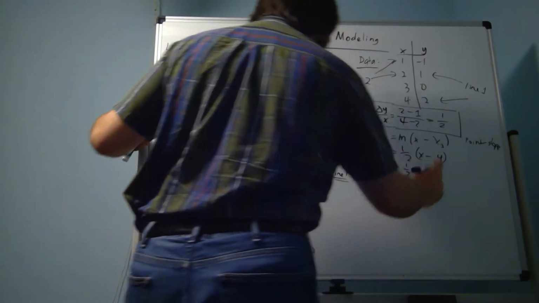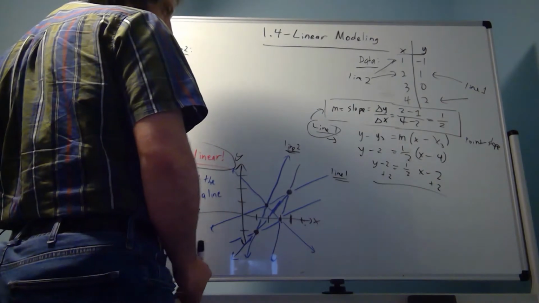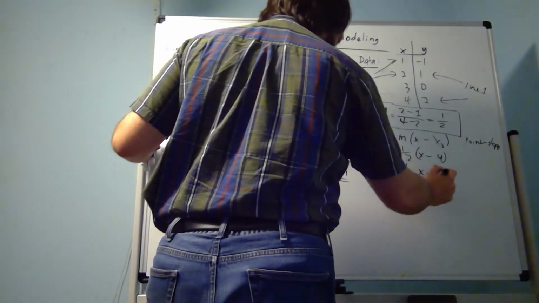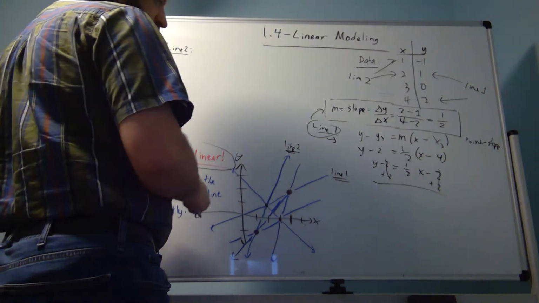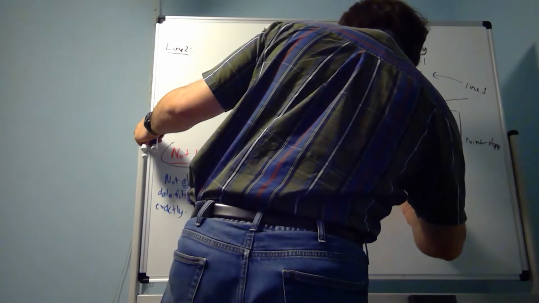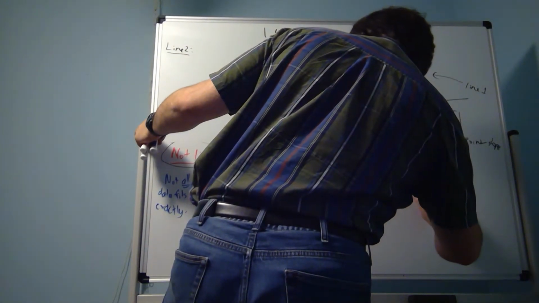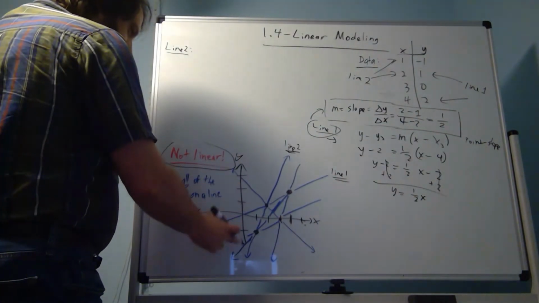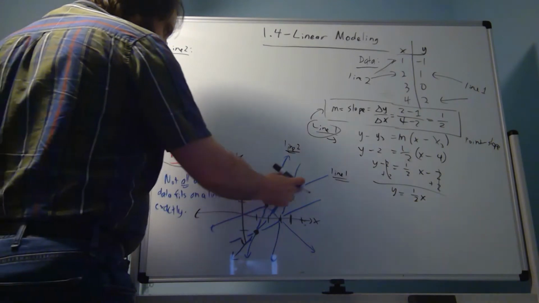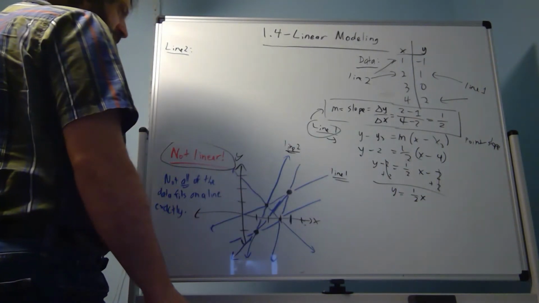Now that we've distributed the 1/2, we can add 2 to both sides, and since that 2 is no longer inside of parentheses, we can add 2 to cancel it, and we get that y is equal to 1/2 x plus 0. So y equals 1/2 x is this line number 1.